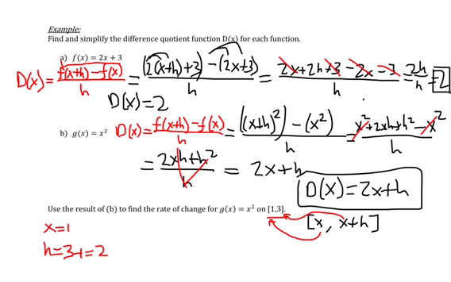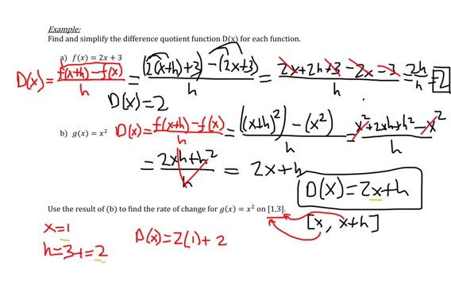So if we want to find the difference quotient for this interval, we can say that d of x on this interval is 2 times 1 plus h, which is 2. So once again, we've taken this 1 and put it in for this x over here.